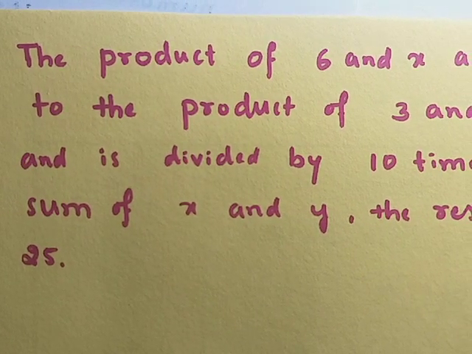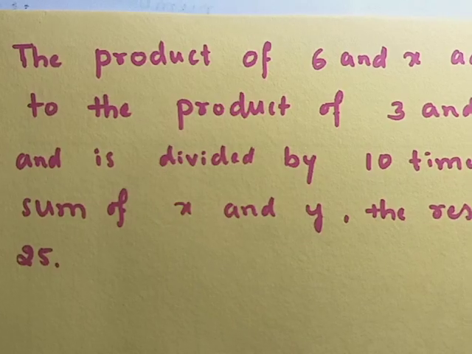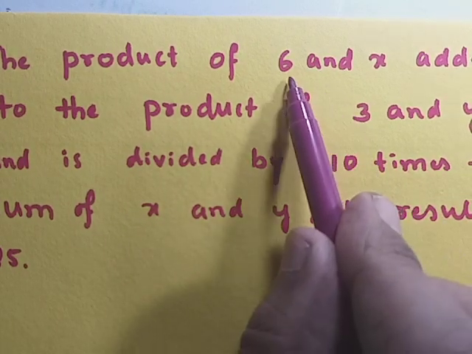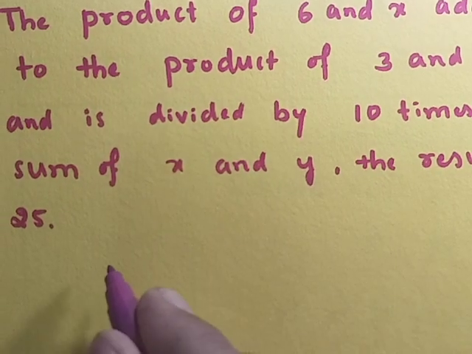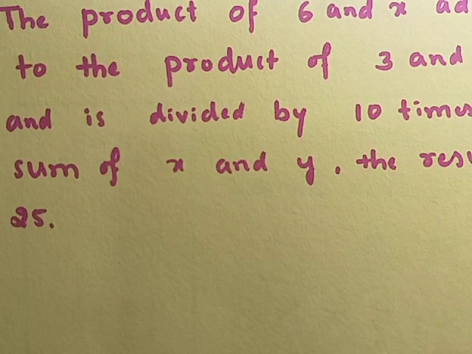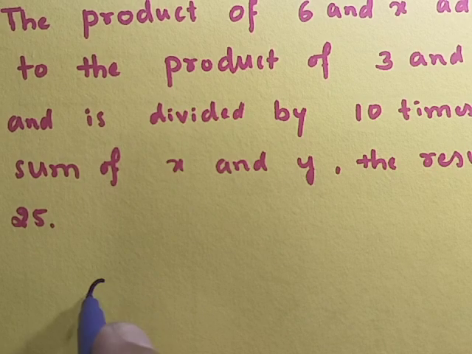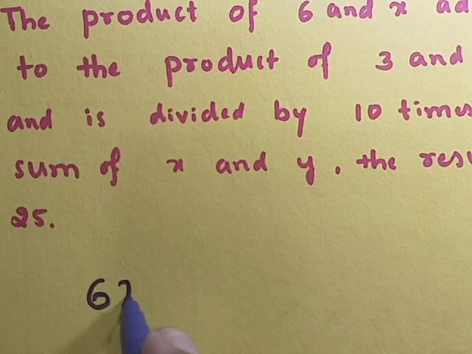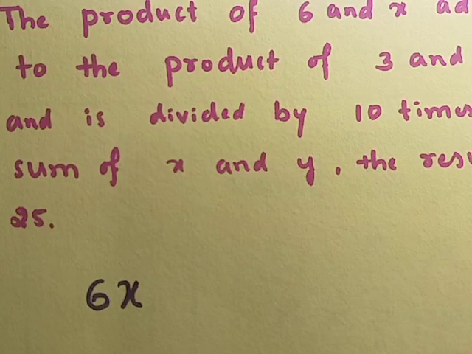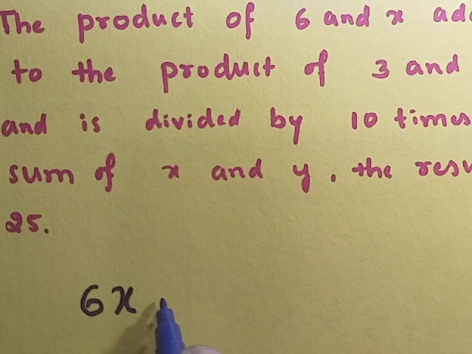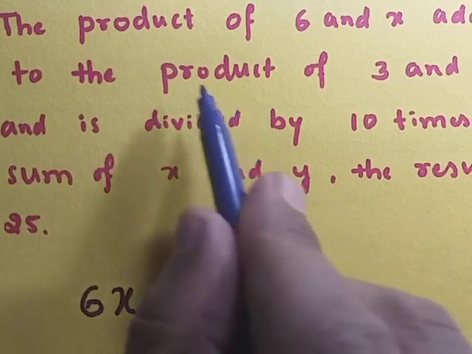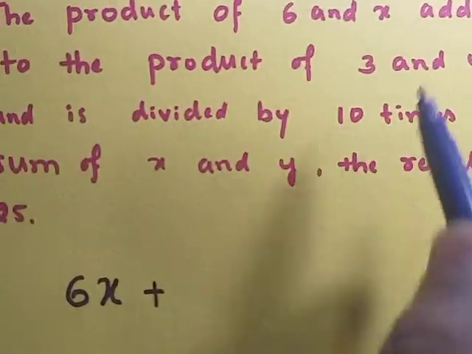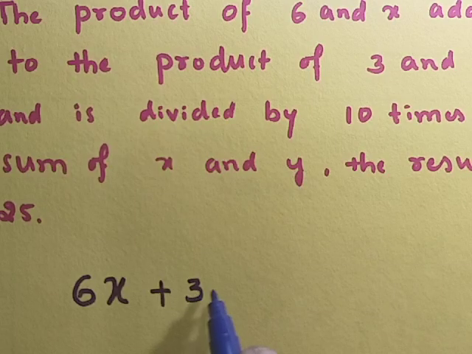That's a beautiful statement. First, let us take the product of 6 and x. We will write it as 6x. Product of 6 and x becomes 6x. Is added, therefore it becomes plus, to the product of 3 and y, that is 3y.